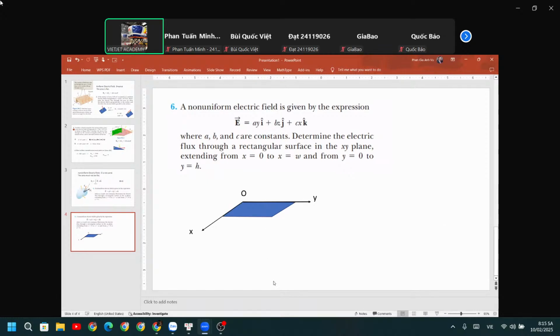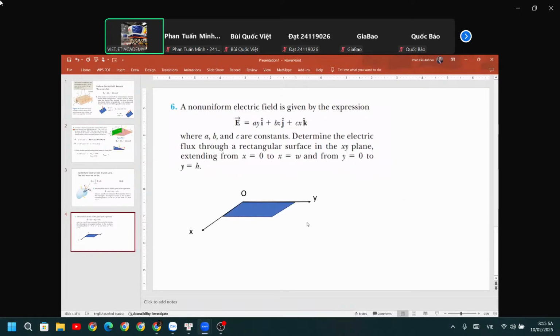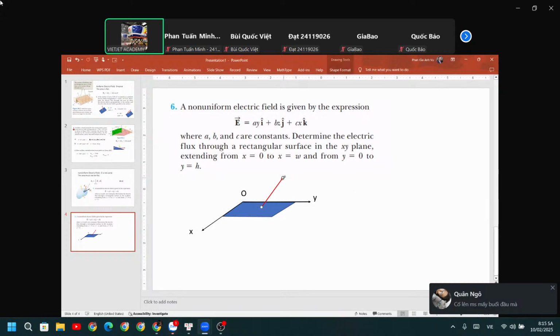Where is E? E vector can be somehow here because we don't have A, B, and C here, right? So we just draw the vector like this. If we have the exact value of A, B, and C, you can have the correct E vector.